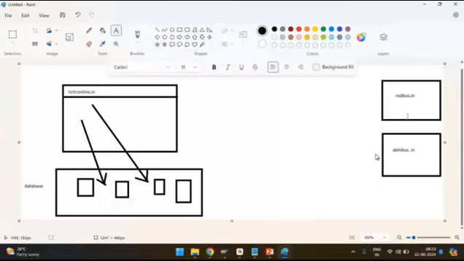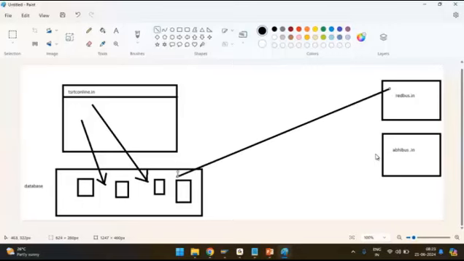Now, these web applications are developed by whom? We don't know. Somebody has developed them. Now, do you think abibus.in and redbus.in will get direct access to this particular database? No. Why? They are not official TSRTC websites.